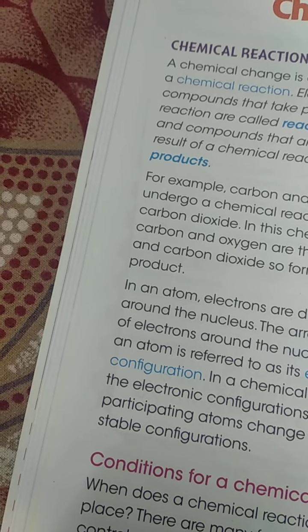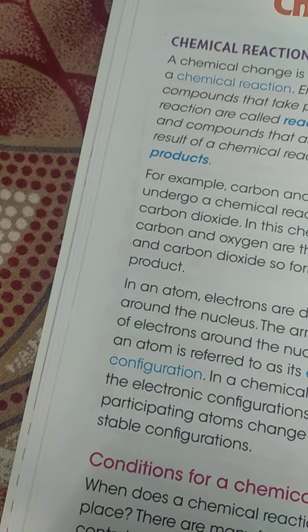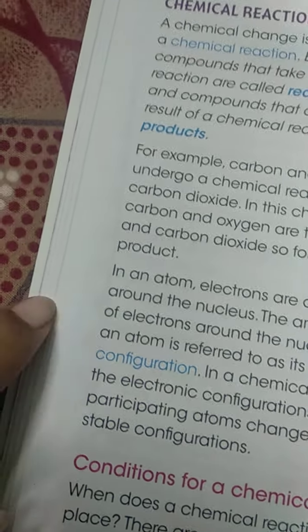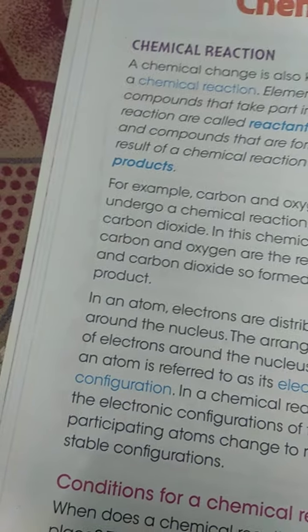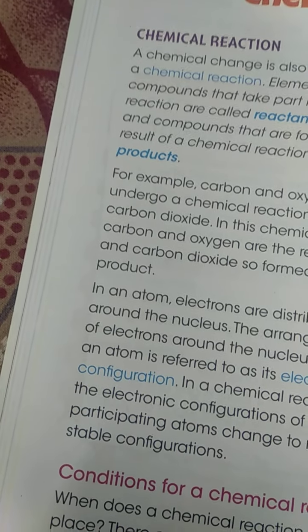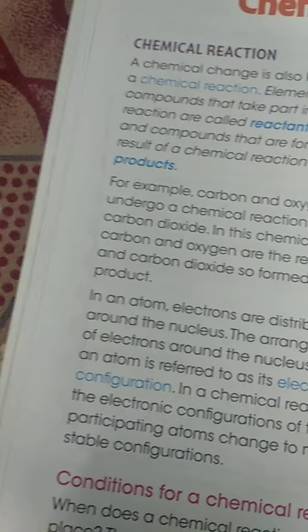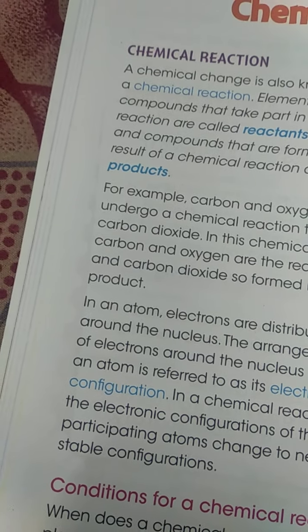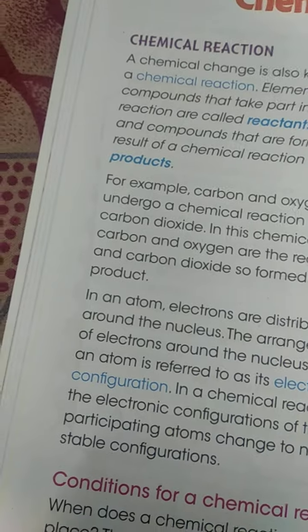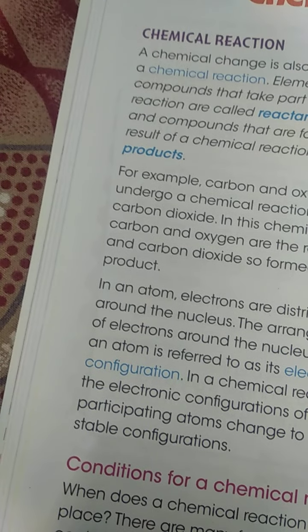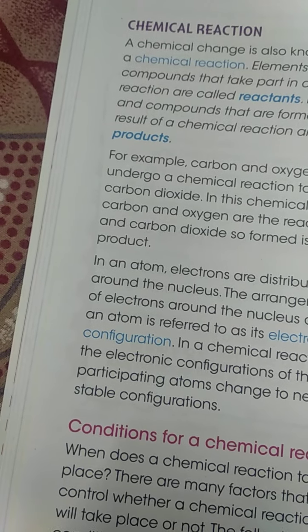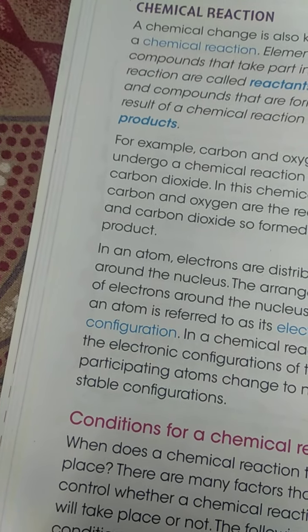In an atom, electrons are distributed around the nucleus. That nucleus, I have told you, is present in the middle, and the arrangement is done around it along paths like an orbit. As the sun is in the middle and the other planets are around it in orbits, in the same way the nucleus is in the middle and the electrons are distributed along the paths.